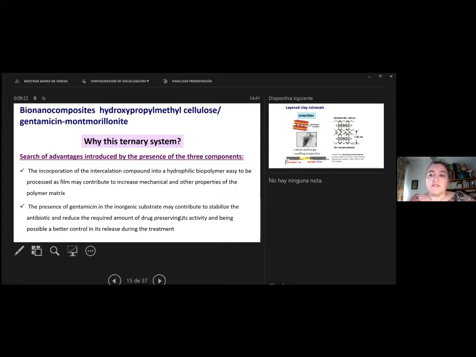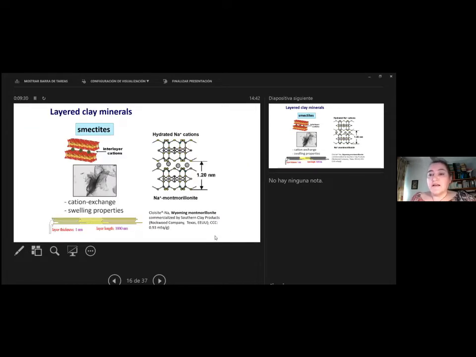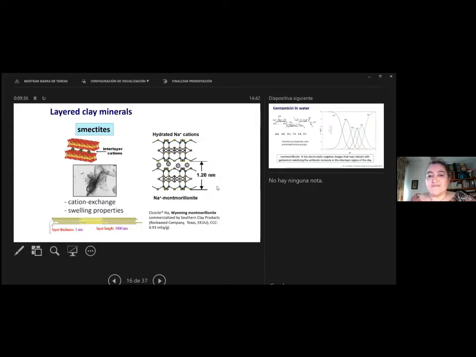So the presence of the clay may improve the mechanical properties and also give stability when it is prepared as a film. In this example, we chose a common clay. We can try others, especially smectites, because they have exchangeable cations. Our idea is to incorporate the gentamicin intercalated in the clay.